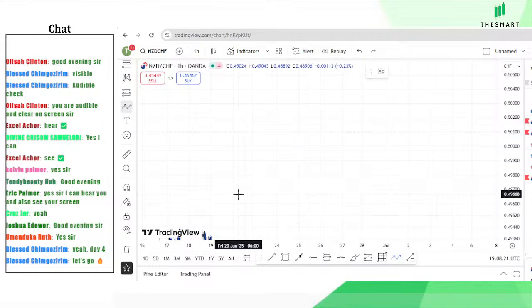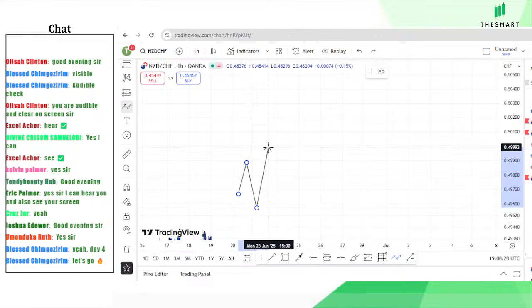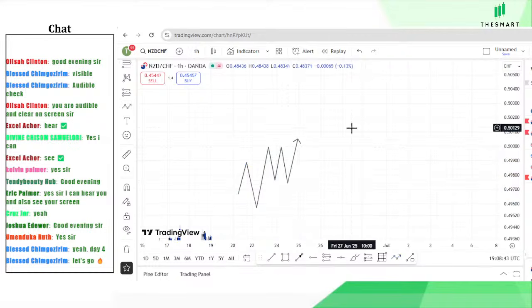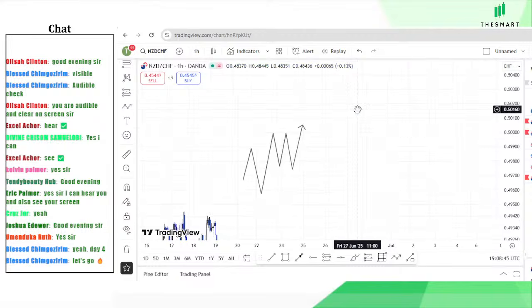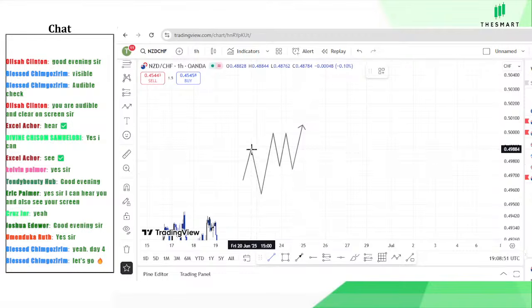All right, so this is the first instance. You have this, and price gives you this, comes back down, gives you this. If you see this type of price structure in the market, here we have our breakout structure.